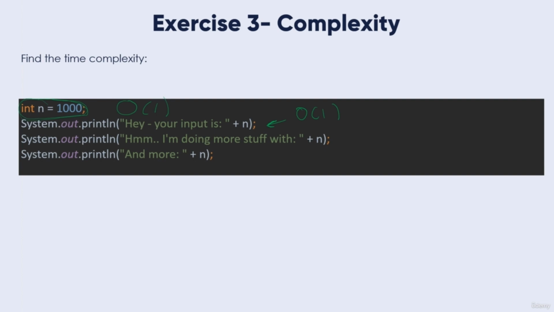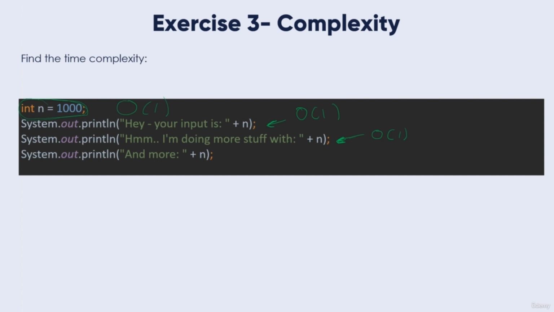System.out.print, with more stuff added using plus, and again we are printing n, which is O of 1. So printing, initializing, and declaring variables are O of 1.